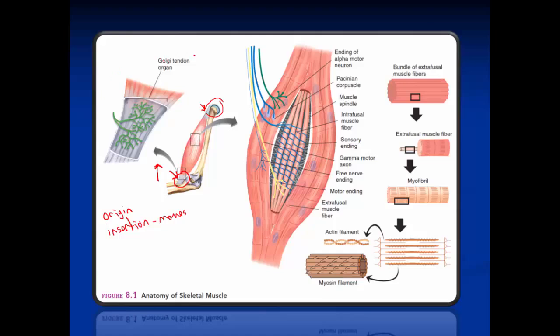And that's going to be the structure called the Golgi tendon organ. You can see that this GTO is going to be part of the tendon. When this tendon gets stretched, we get increased firing. So stretch equals increased signaling to the spinal cord.